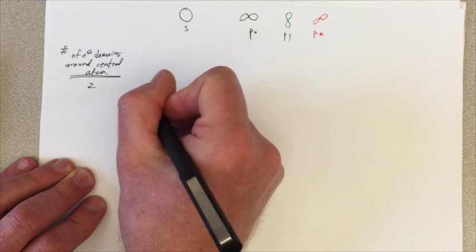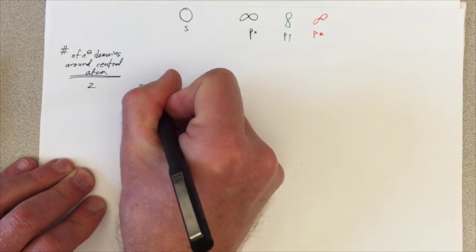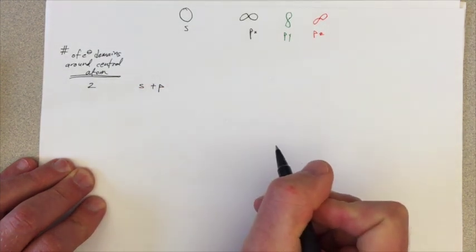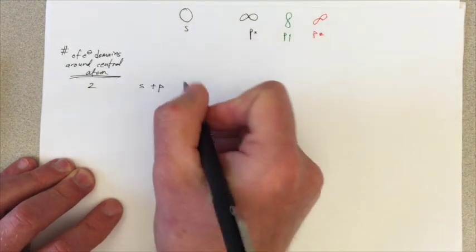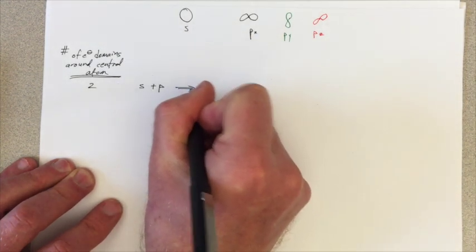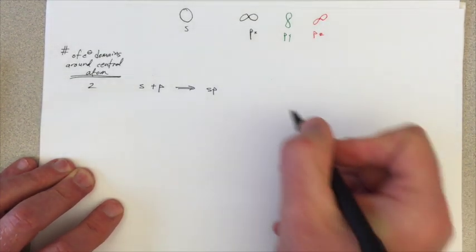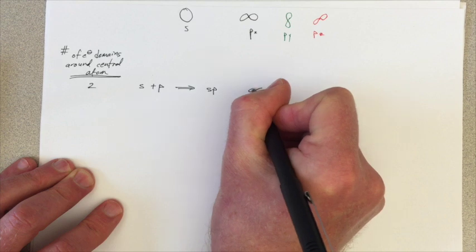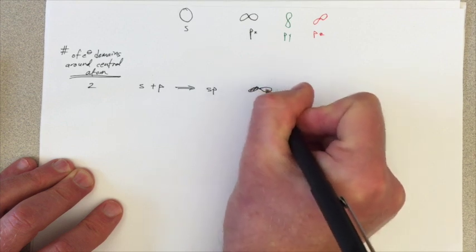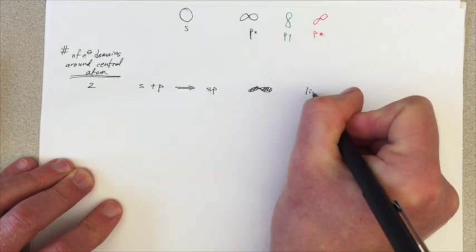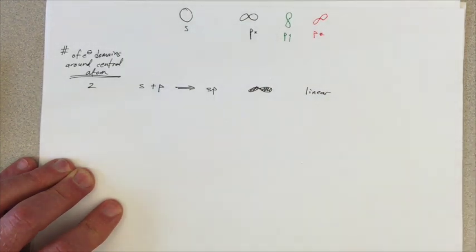And so we will use an s orbital plus a p orbital, join them together to form what we call an sp hybrid orbital, and the shape of that sp hybrid orbital is linear, pretty simple.